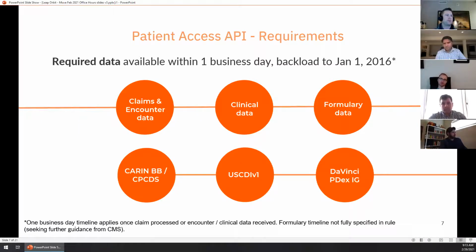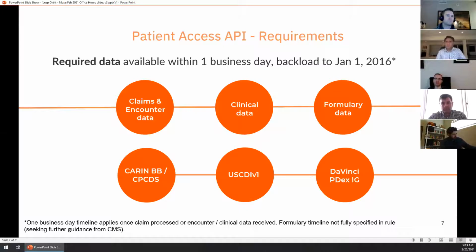I'll talk just for a bit to make sure everyone's on the same page about the requirements and some key considerations for patient access and payer-to-payer. So for the patient access API, the idea is I'm a member and I can access my clinical and administrative data via API. The idea is less that I would access it through a plan-sponsored app, and more that we are going to foster a marketplace where any app can access this data in the standard format.